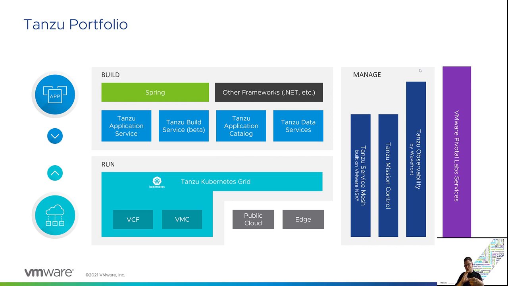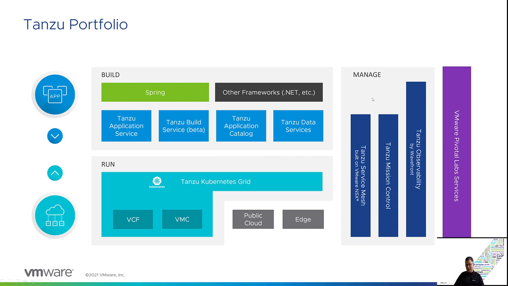So Tanzu Observability can monitor the whole application, from the application code, from the Tomcat container, through the Kubernetes environment. Tanzu Observability understands, for example, the Kubernetes entities like deployments, pods, services, PVCs, down through the ESX infrastructure. So you have a holistic monitoring and performance monitoring of the whole environment.